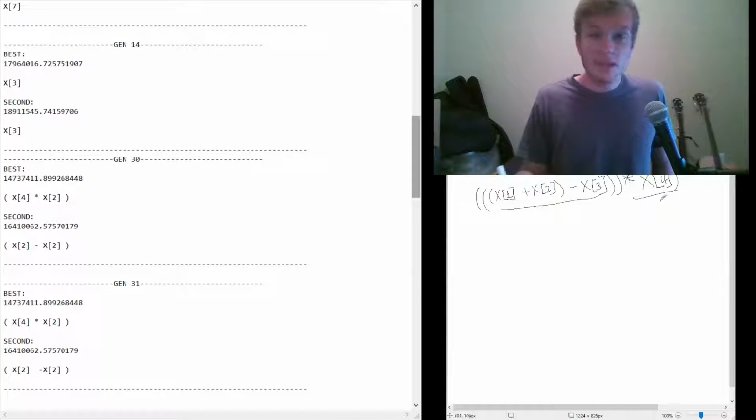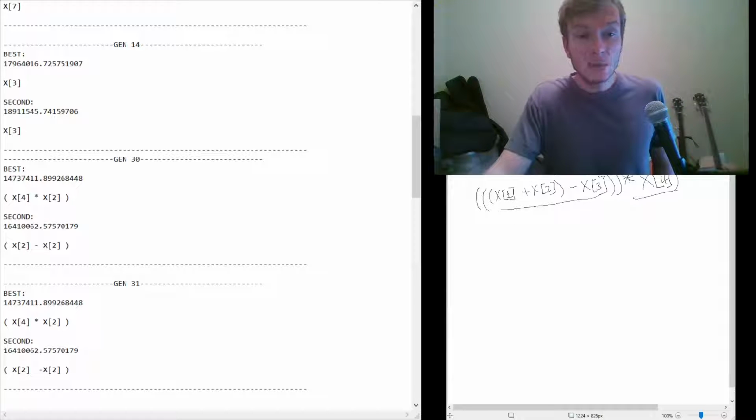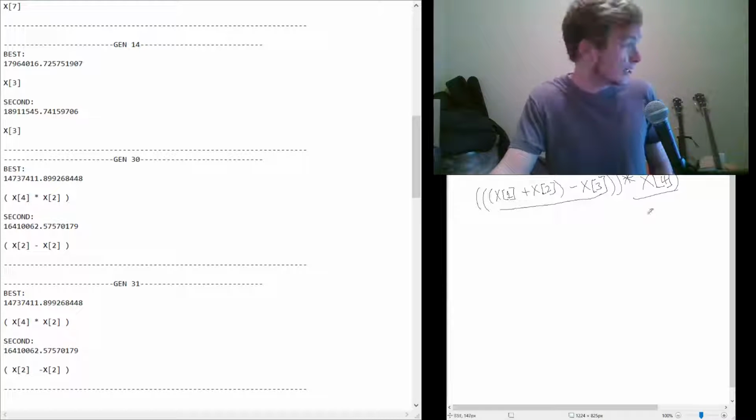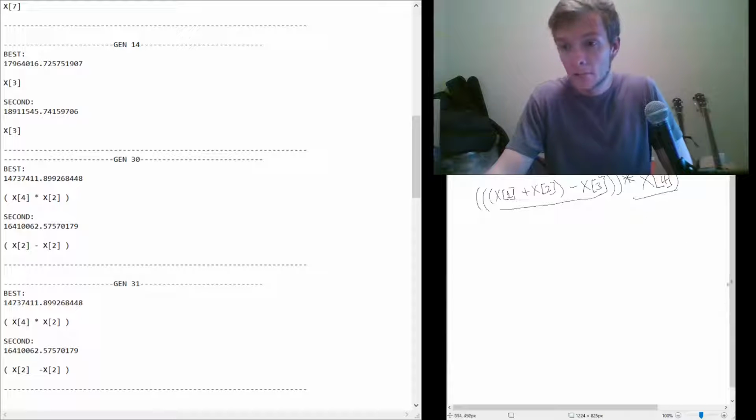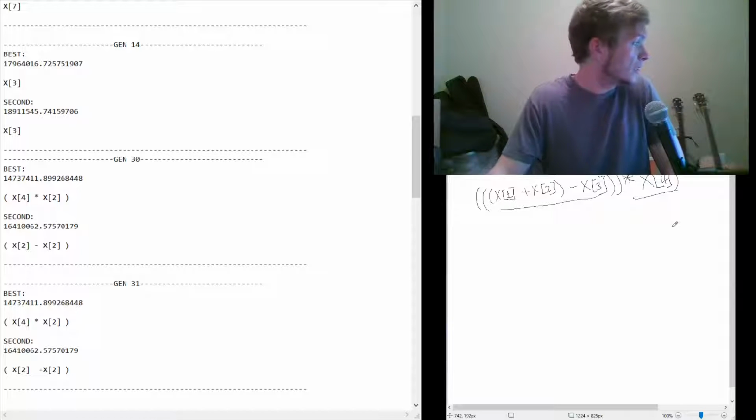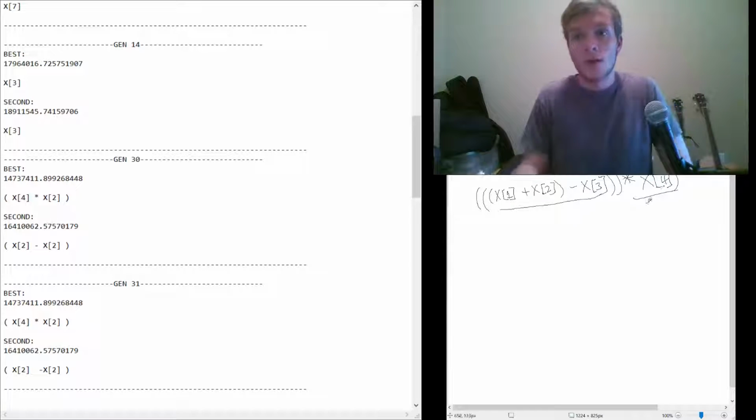So this x4 being multiplied by a number is very important in creating new equations that are more like the equation we're seeing here. I can see that it's a little bit under my picture, but I think you can see it. That's x4. Sorry about that.